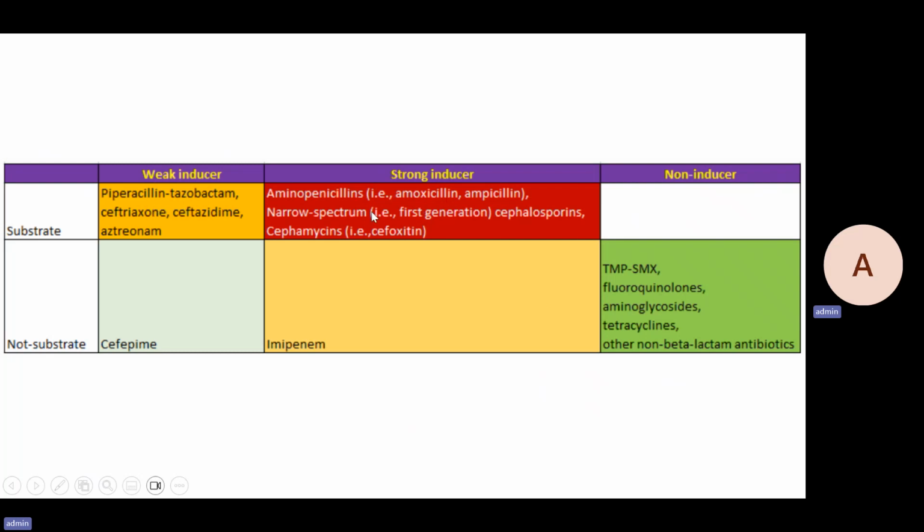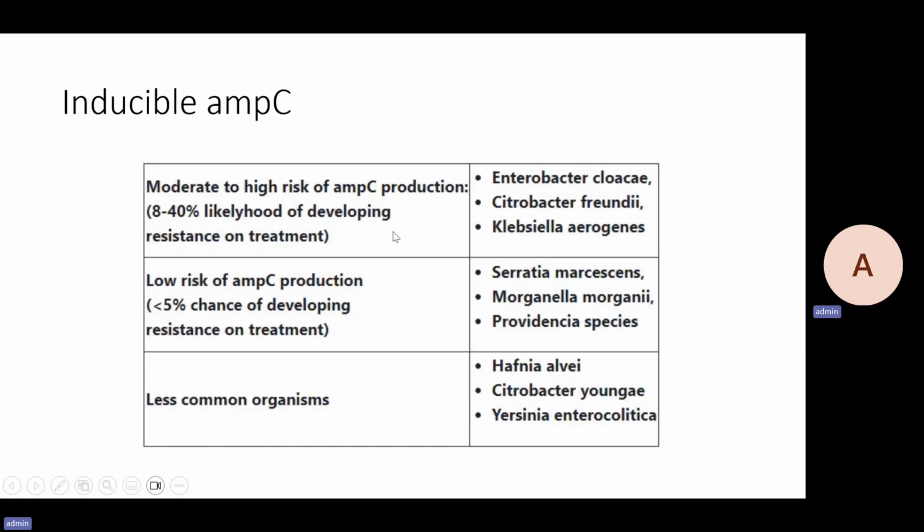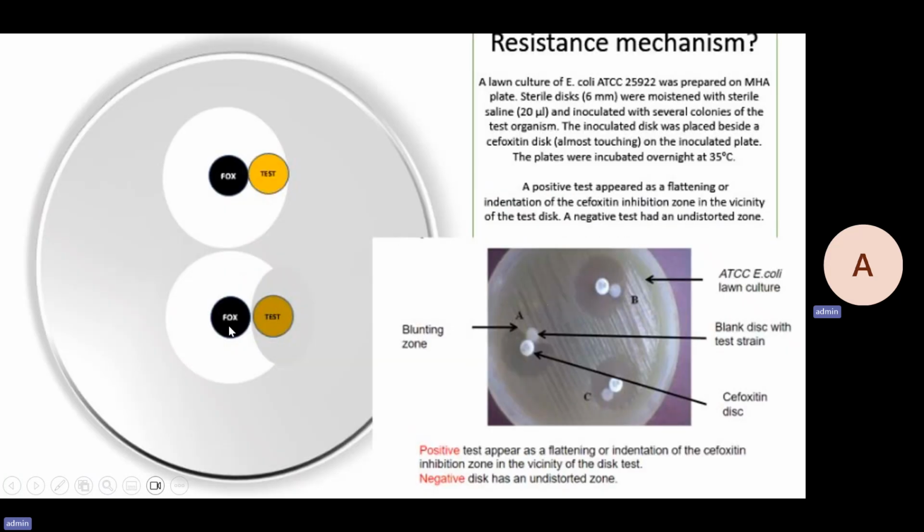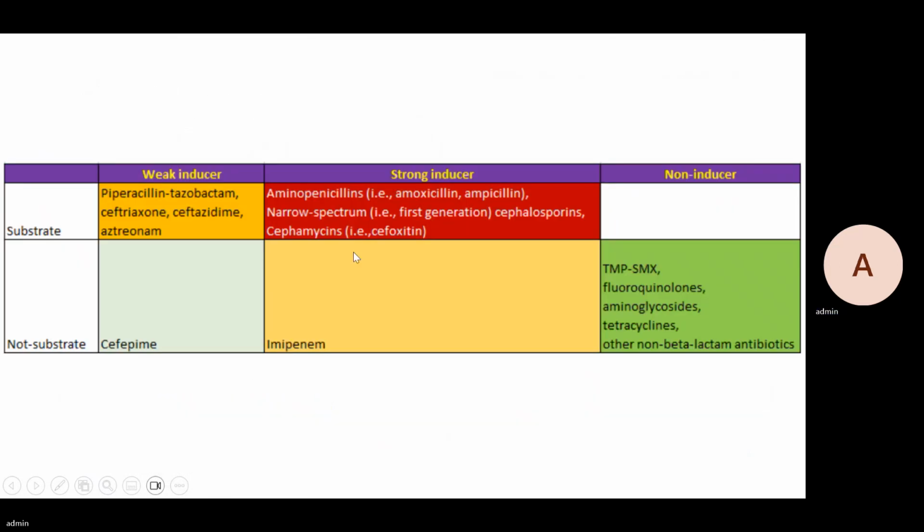So if they produce AmpC, it is going to break it down. Cefoxitin is a strong inducer. That's why we have used cefoxitin in this test to induce AmpC production. You can actually put co-amoxiclav here as well. It will probably be a similar test. So these are strong inducer and substrate. These are weak inducer and substrate.